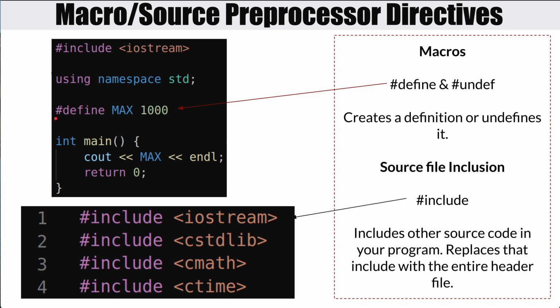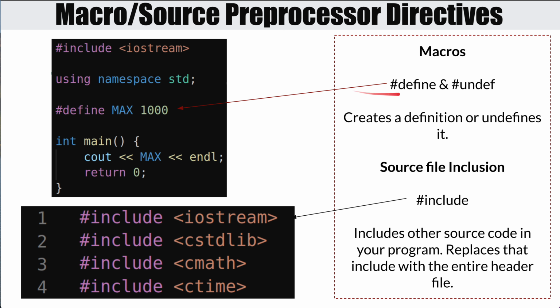This is crucial here. You write define, and then we use all caps. And so this is basically making a variable here. So I've made a word MAX, and I've set it equal to 1,000. Notice how there's no equal sign, though. Notice how there's no semicolon at the end, okay? You simply write define, the name of it, and then you give it a value.